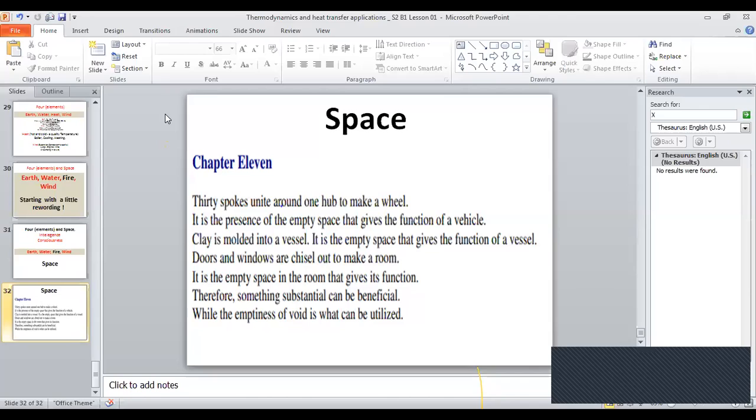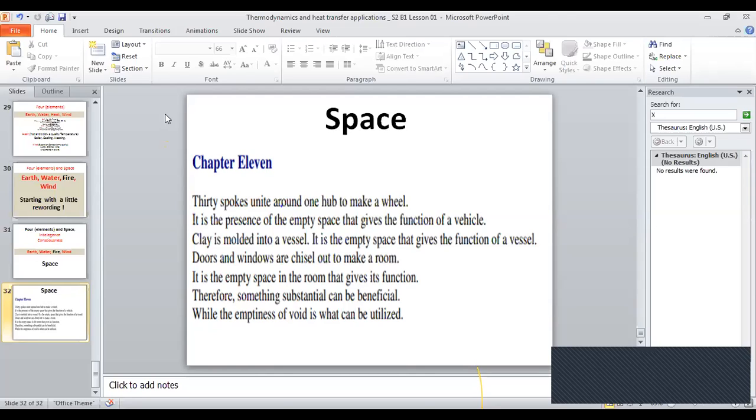So for the vessel, it's the empty space that gives the function of the vessel. The vessel's buoyancy, to make the vessel float on the seas, depends on this emptiness in the equipment.